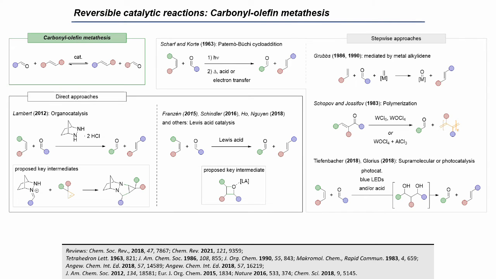An alternative catalytic approach for the carbonyl-olefin metathesis takes advantage of Lewis acids to activate carbonyl groups to undergo a [2+2] cycloaddition with olefins, forming oxetane intermediates. These intermediates are prone to undergo a retro-[2+2] cycloaddition upon Lewis acid activation to afford the metathesis products.